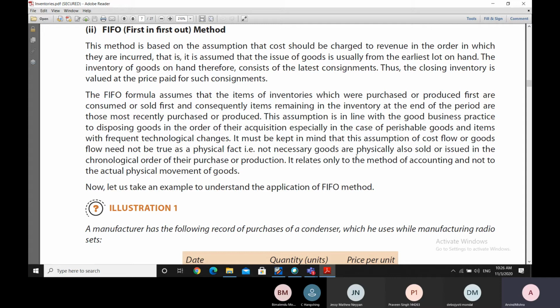It is not necessary that goods are physically sold or issued in the chronological order of their purchase or production. The assumption relates only to the method of accounting and not to the actual physical movement of the goods.